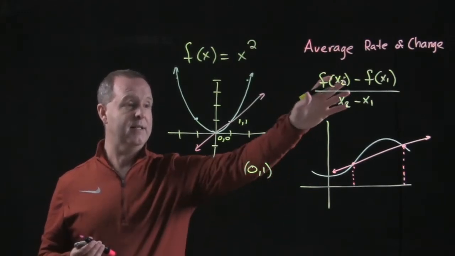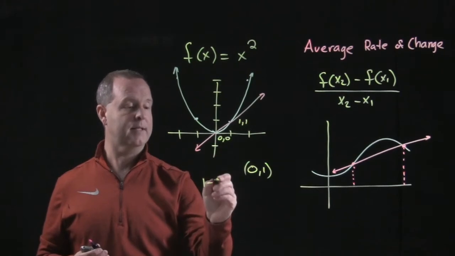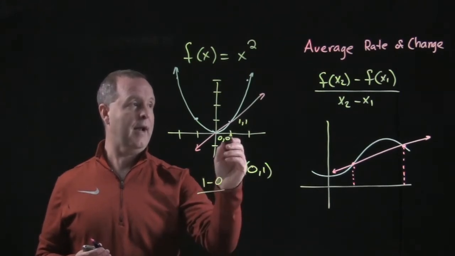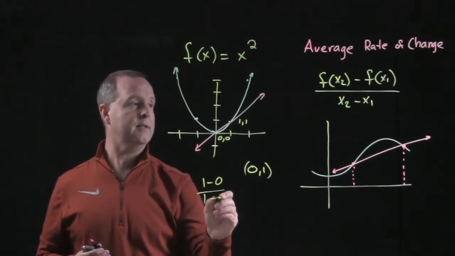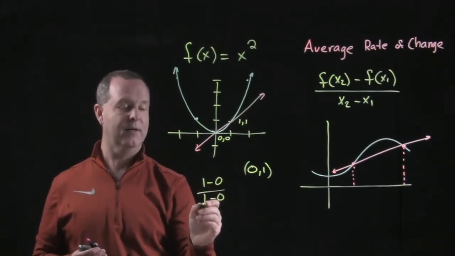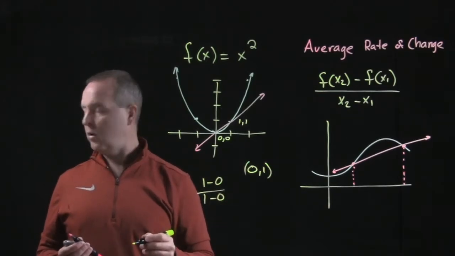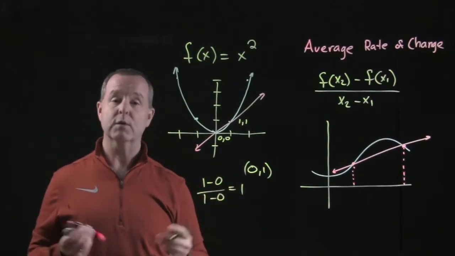So let's solve that in this equation. That becomes f of x2 minus f of x1 over x2 minus x1. Whew! That equals 1.